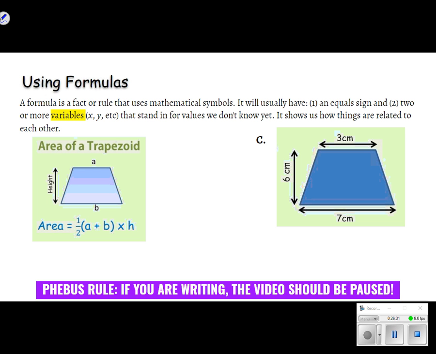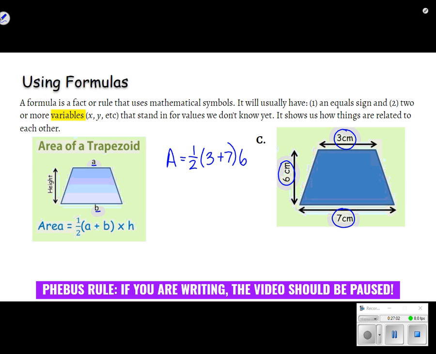So here is our formula. They give us details. Area equals 1/2 the sum of the bases. They want the top base plus the bottom base, but we could flip that around and multiply it times the height. So here I have all the dimensions that I need in problem C to plug them in and calculate the area. So area equals 1/2, I'm going to use 3 as my little a plus 7 as my little b, and we're going to multiply that times our height, which is 6.